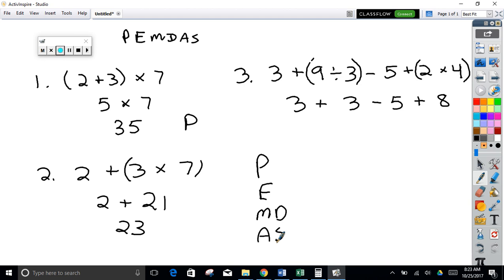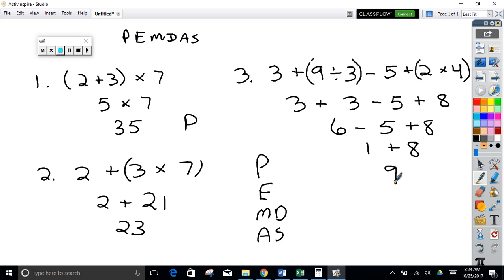So if we go from left to right, 3 plus 3 is 6. I'm just going to bring down each step. So 6 minus 5 plus 8. 6 minus 5 is 1 plus 8 is 9. Now, if you did it by adding first and then going around and subtracting, you would have 6 minus 13, which would be a negative 7.